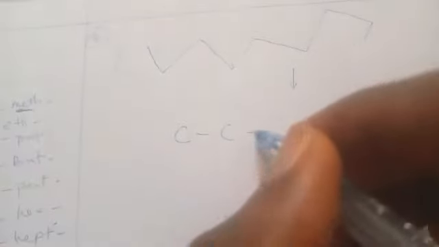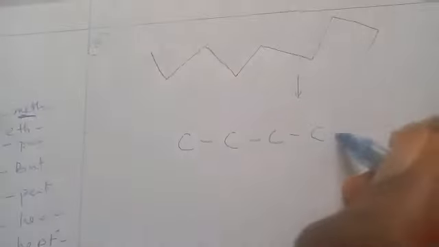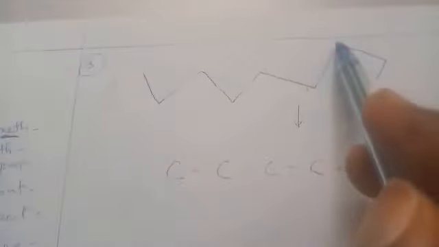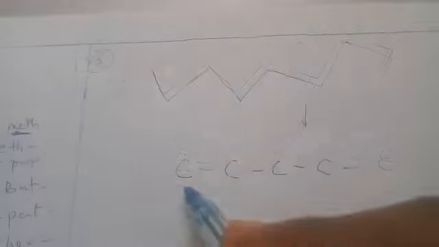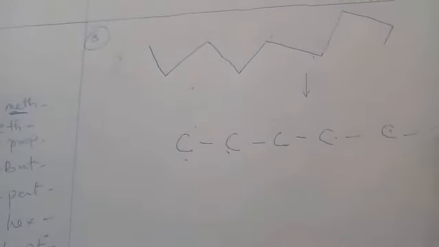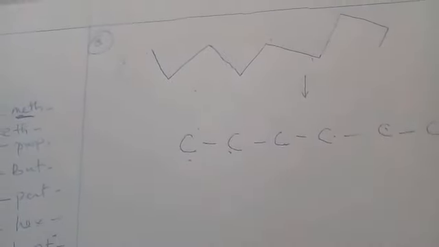It's like this. So we'll expand it. Expanding this, we'll have C, C, C, C. So you have 1, 2, 3, 4, 5, 6, 7, 8, 9.